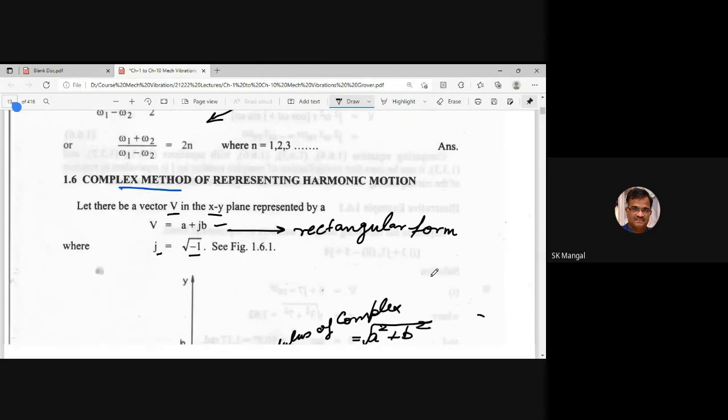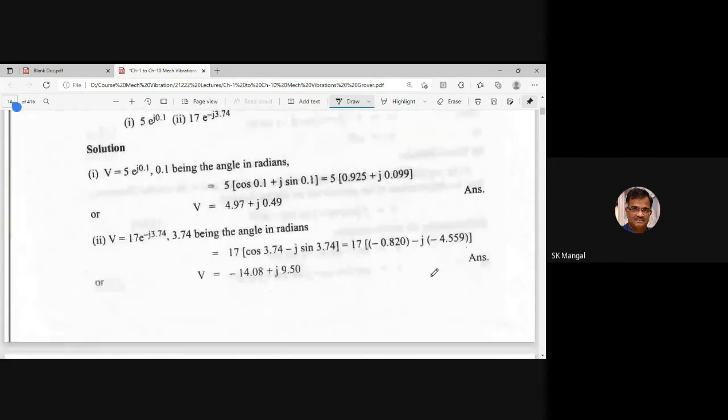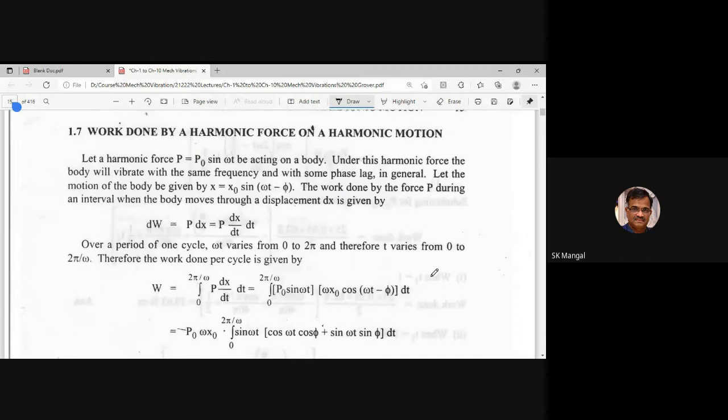Now let us come to the important article here. Now this is a very important article here, and you are having a harmonic force. You need to find the work done by a harmonic force on a harmonic motion.